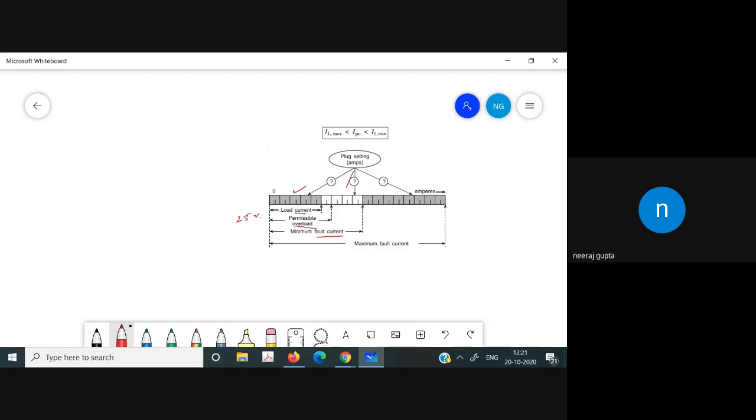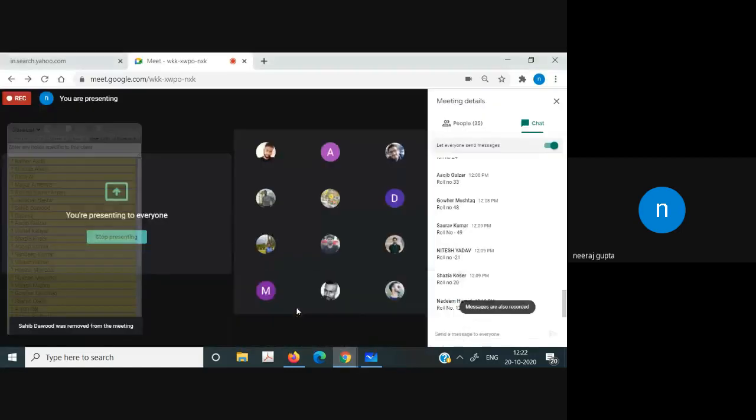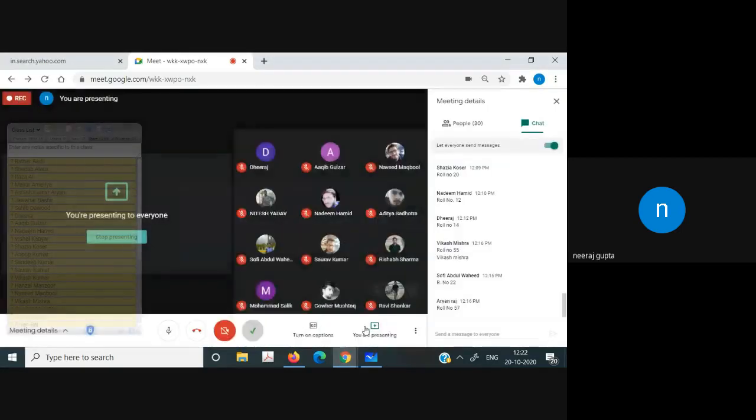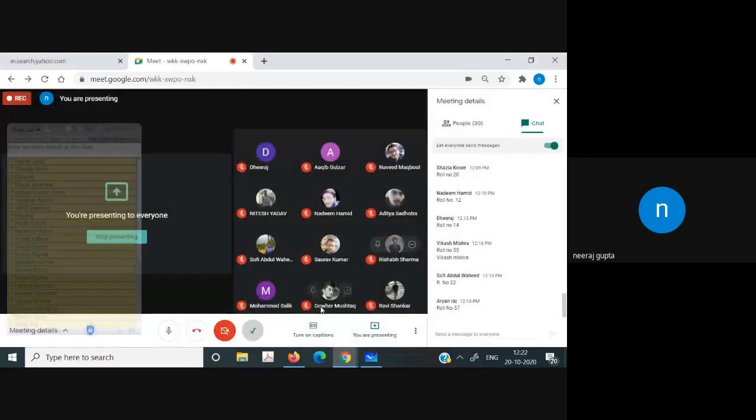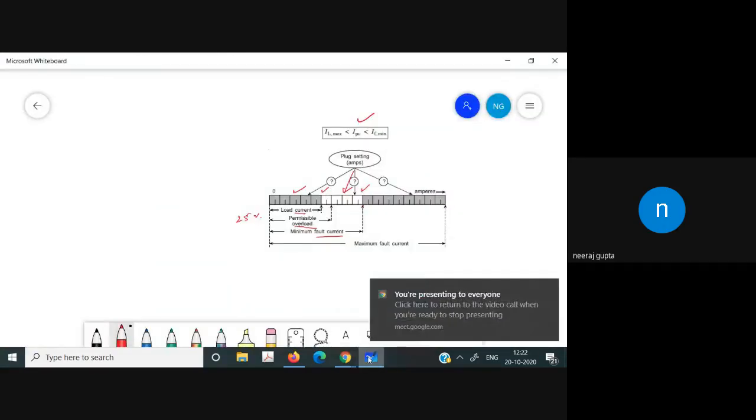The setting should be greater than the maximum load current and less than the minimum fault current as per this criteria. So this is for the pickup value of the relay.